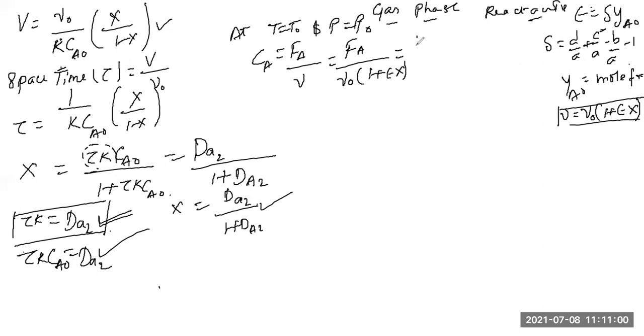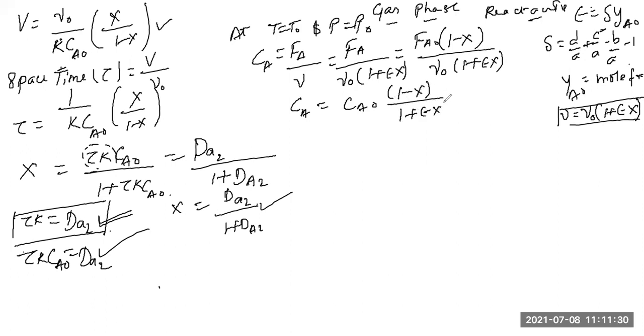We derived that, like for concentration CA equals CA0 times 1 minus X, similarly FA equals FA0 times 1 minus X divided by nu 0 times 1 plus epsilon X. So it becomes CA equals CA0 times 1 minus X divided by 1 plus epsilon X. Now we will solve this further using the rate law equation, minus RA equals K CA square.